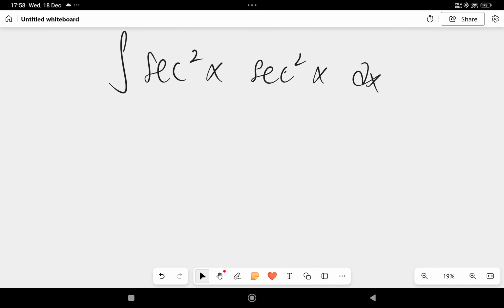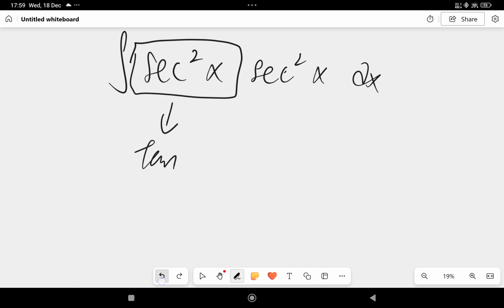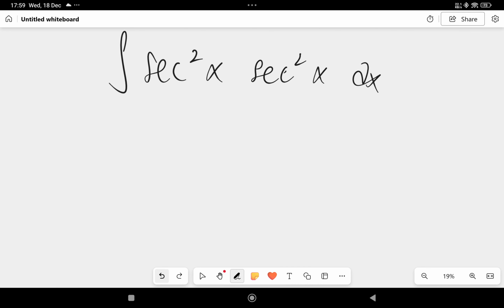Just now I said the derivative of tangent gives secant squared, so we have to make one of the secant squared x into tangent squared.